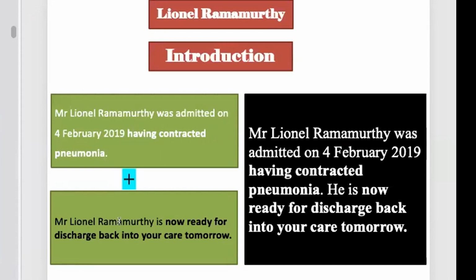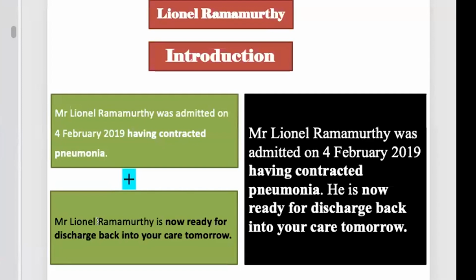Next sentence is, Mr. Lionel Ramamurthy is now ready for discharge back into your care tomorrow. Now we are going to combine those 2 sentences into a complex sentence. Mr. Lionel Ramamurthy was admitted on 4th February 2019, having contracted pneumonia. Then you have the next sentence: He is now ready for discharge back into your care tomorrow.